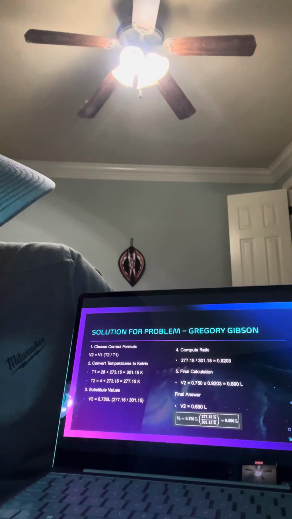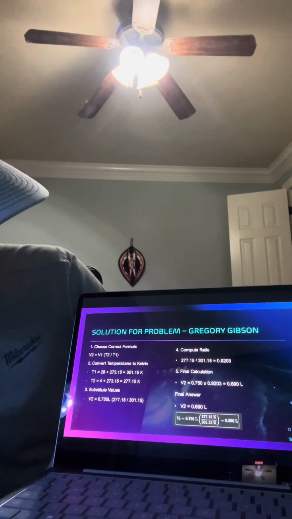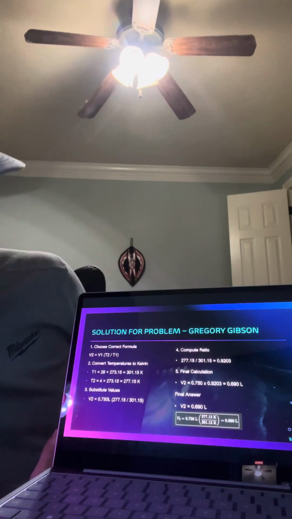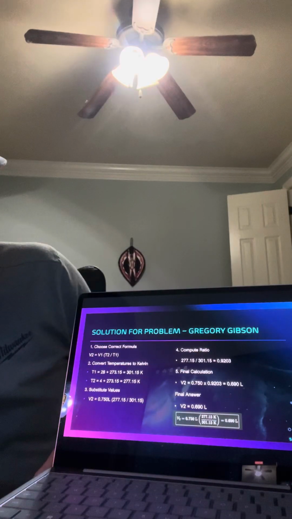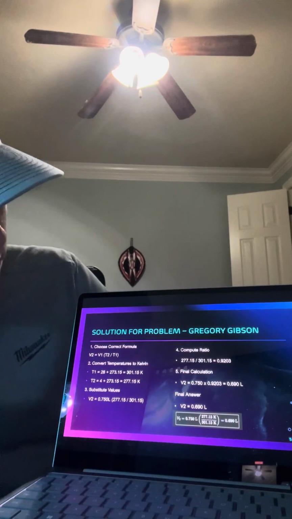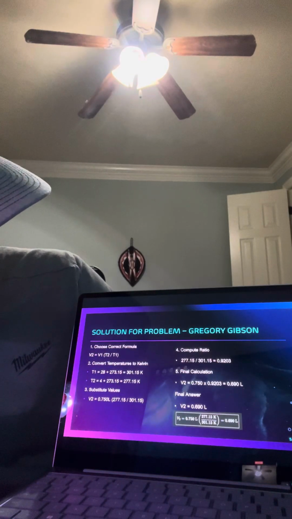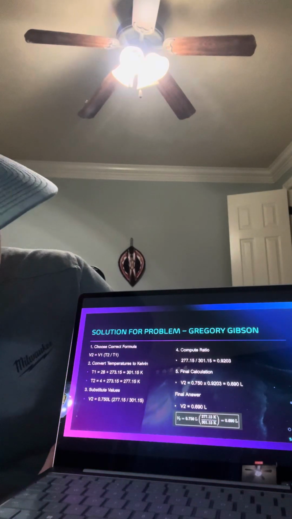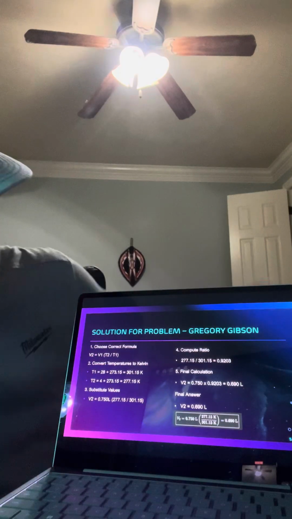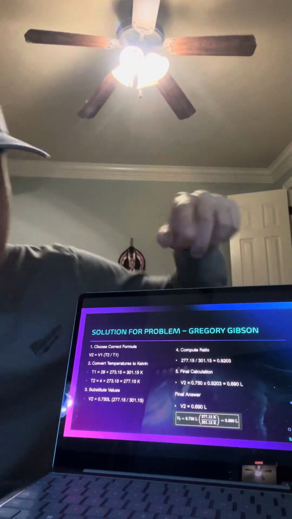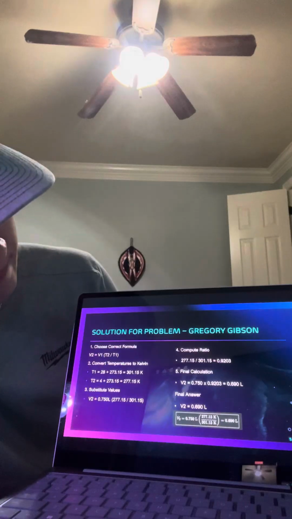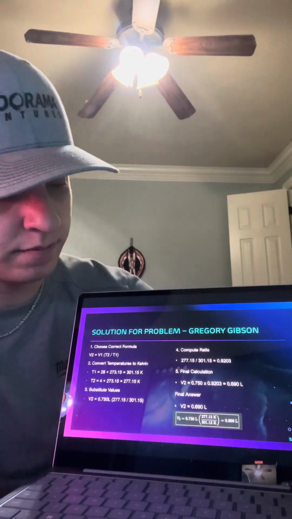And then your final calculation, V2 equals your volume, 0.750 times 0.9203, which equals 0.690 liters. Your final answer is 0.690 liters. And you can see the formula right down here at the bottom, which shows you how to convert that properly.